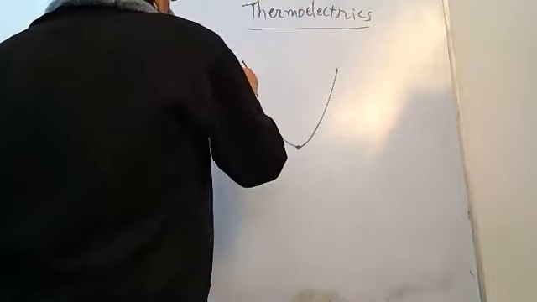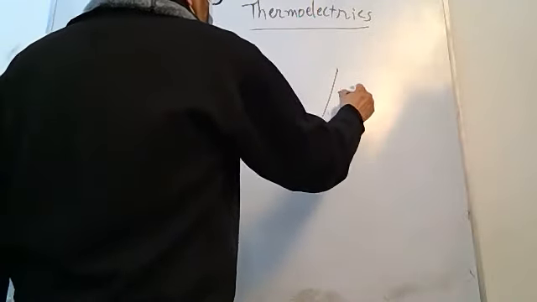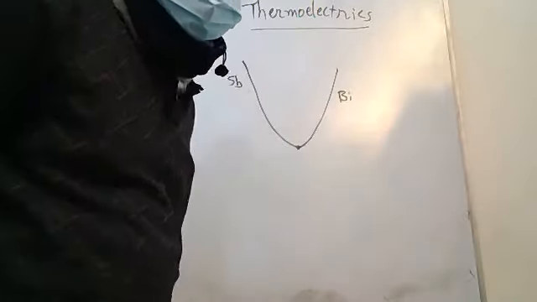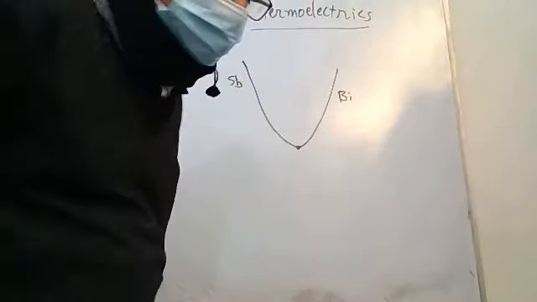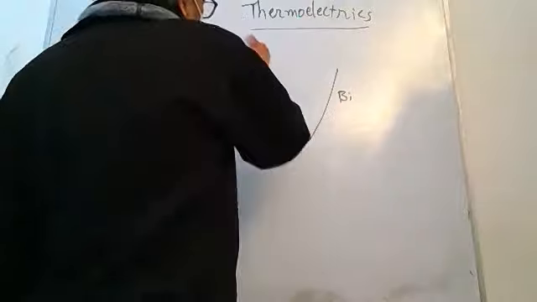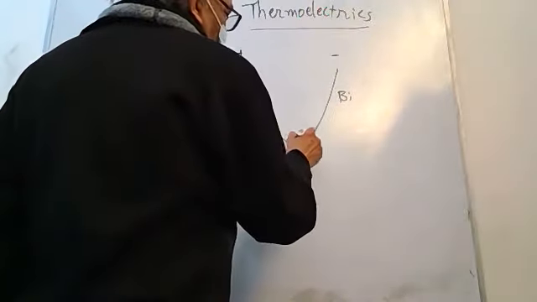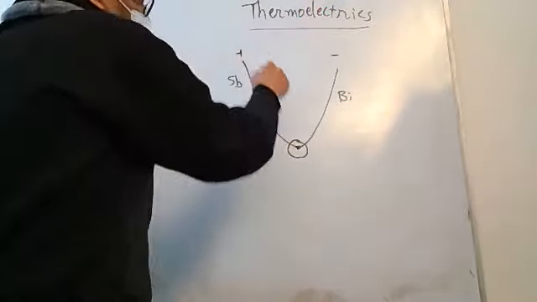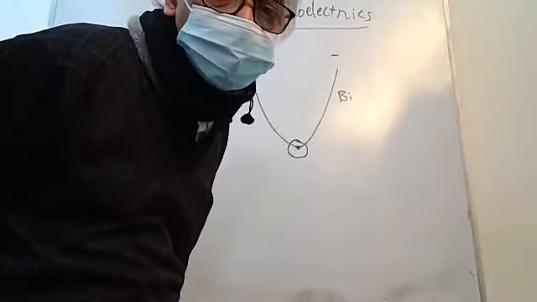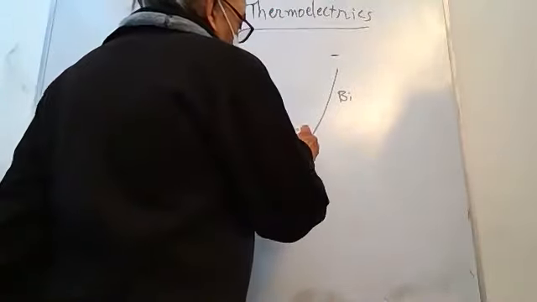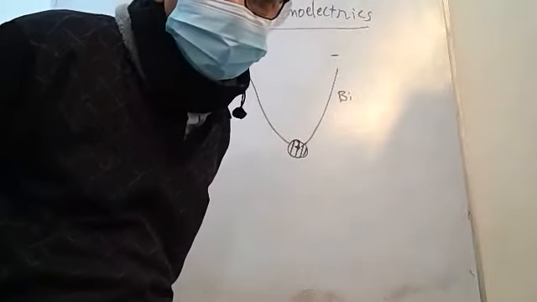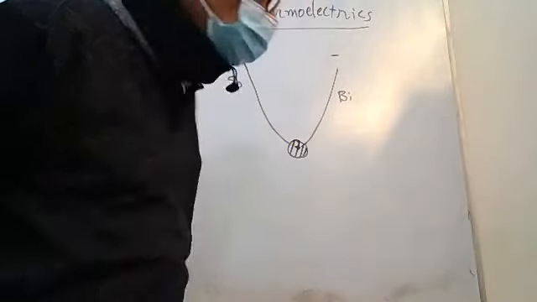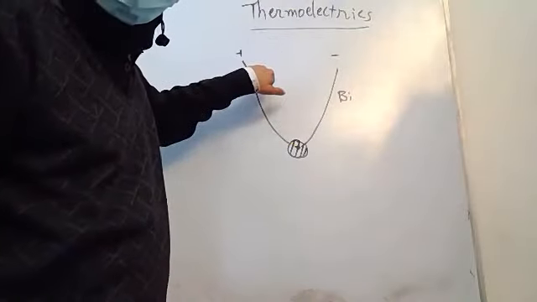So for example, the very first thing was, if I take two metals, like let's say antimony and bismuth, these are called dissimilar metals. When you make a joint here and put a drop of water here and send electricity, depending on the direction of the electrical flow, this water will freeze to ice or vaporize to vapor just by changing the potential here.